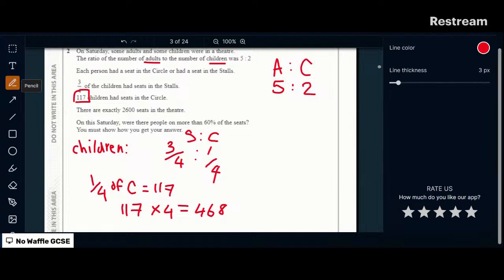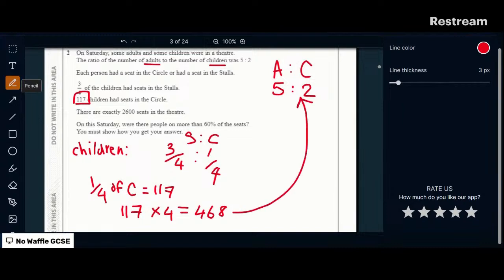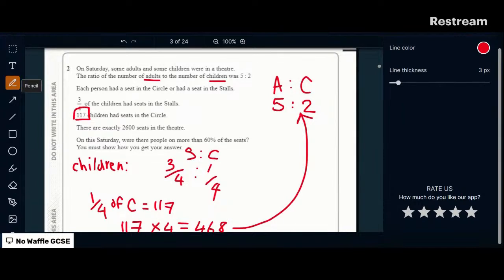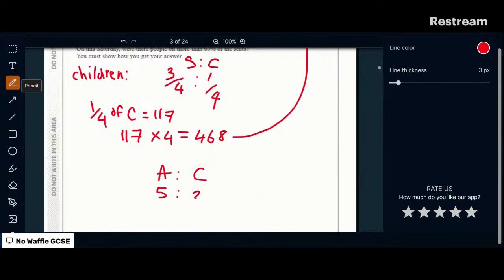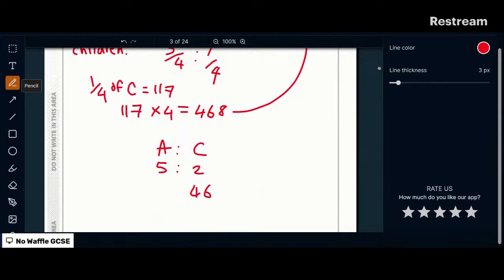Okay, so now we know the total number of children. And we also know the ratio of children to adults on that Saturday. So if the ratio from adults to children was 5:2, and we know that there are 468 children, then we can easily work out what the adults are, because you can do 468 divided by 2 to work out what the value of 1 is as a ratio.